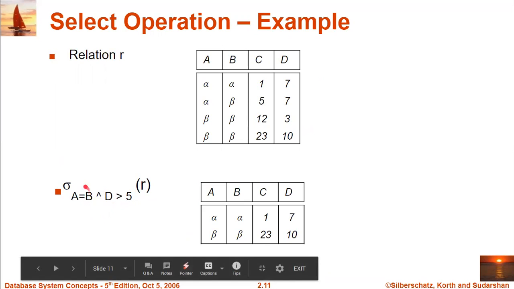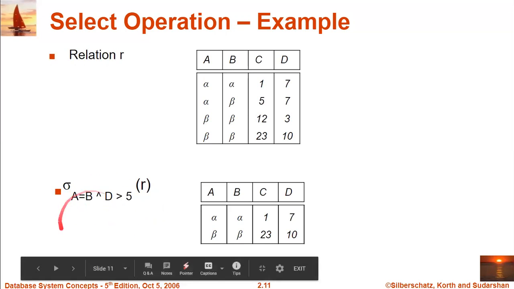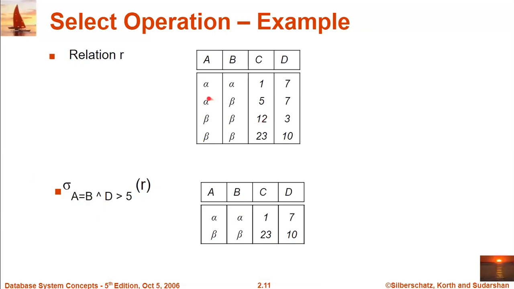Now, as we are working in the era of procedural language, whatever we have defined will be performed in sequence. Nothing is given inside any brackets, so we go from left to right. The first condition says A equal to B. When this operation is performed, we retrieve the first row, where alpha and alpha are there, then the third row and the fourth row.